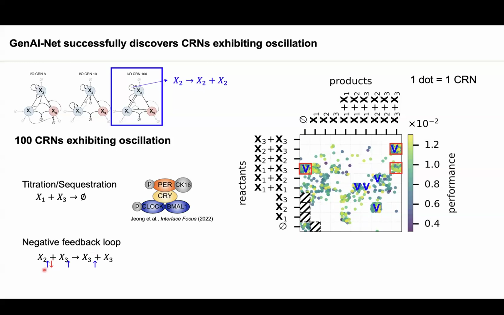So it can be seen as a negative feedback loop. And again, this negative feedback loop is a key mechanism of our circadian clock. So by using this method, not just generating CRNs, we can do more scientific research to discover which reaction or mechanism is important for making a certain dynamical property.